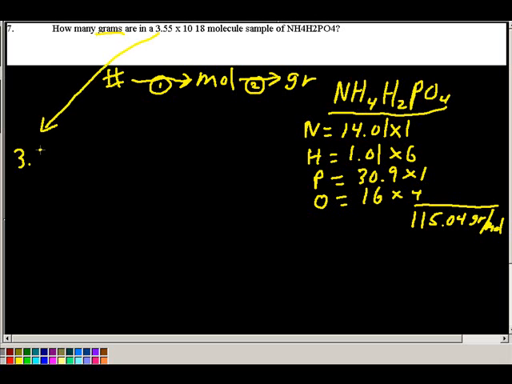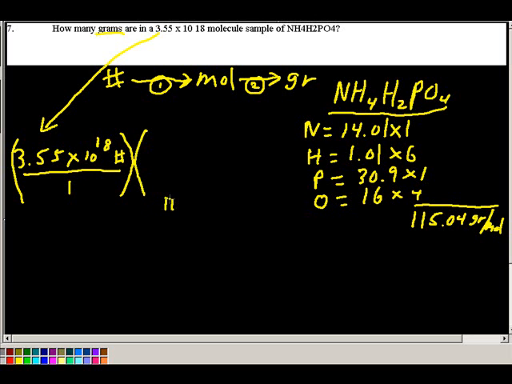So it's 3.55 times 10 to the 18th. That's the number of items. You put that over 1. Now what we do is we go through our conversions. So here's our first unit conversion.